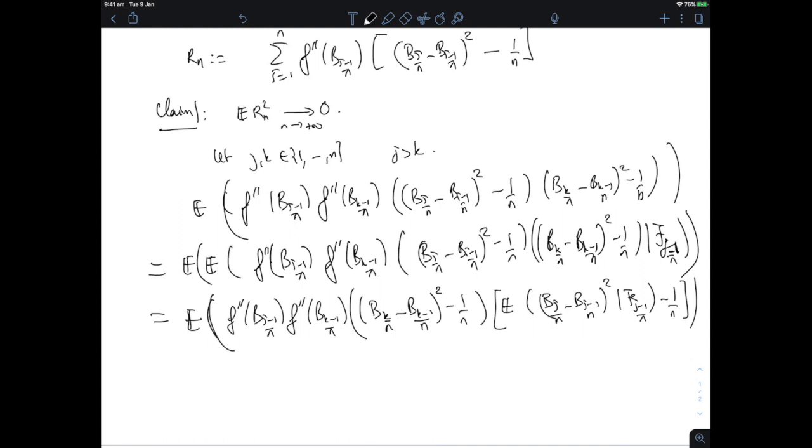Of course, 1/n is just a number, certainly F_{(j-1)/n} measurable.